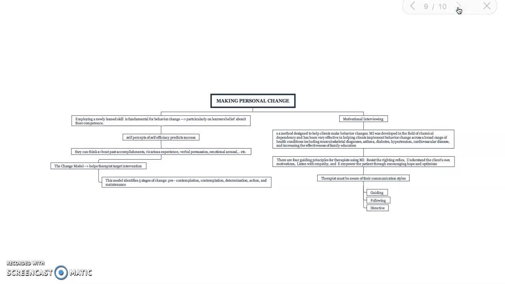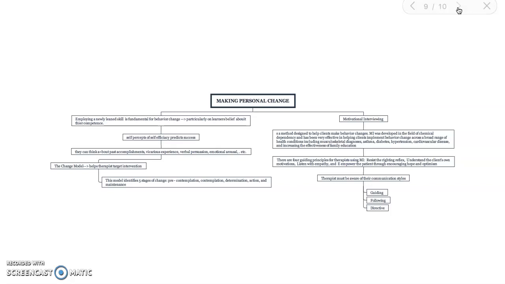For making personal change, there are a variety of approaches that you can take. Something that's very popular is the behavior change model, where the therapist targets a specific behavior and looks at the five stages of change: pre-contemplation, contemplation, determination, action, and then maintenance, where the person is able to maintain the change they have gone through.